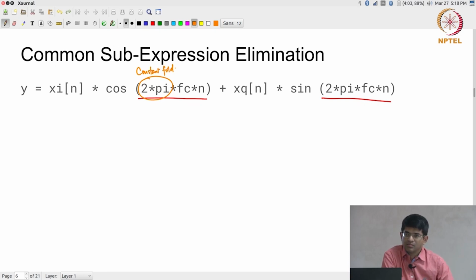But what is more important after that is the fact that I can then use that folded constant. Depending on whether fc was a hash define or a variable, now I would get different values. If fc was a variable, this now is no longer a constant but is something that I can compute ahead of time. I can basically call it wc or something of that, omega c.